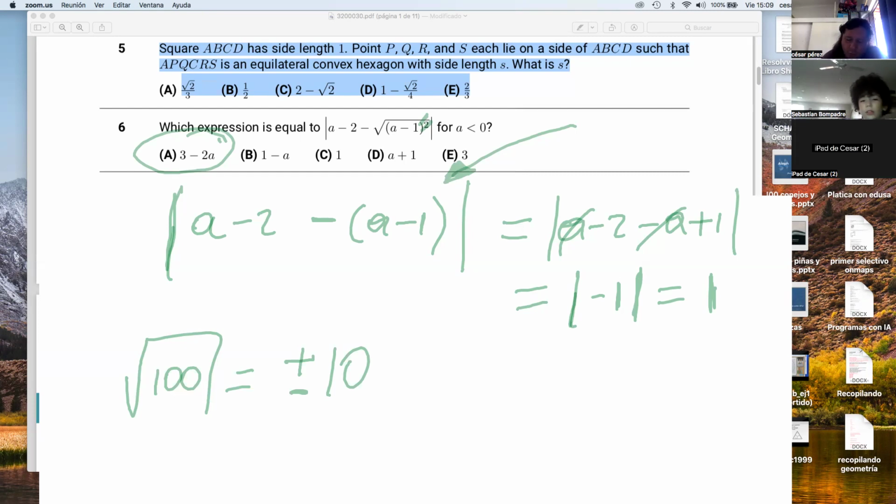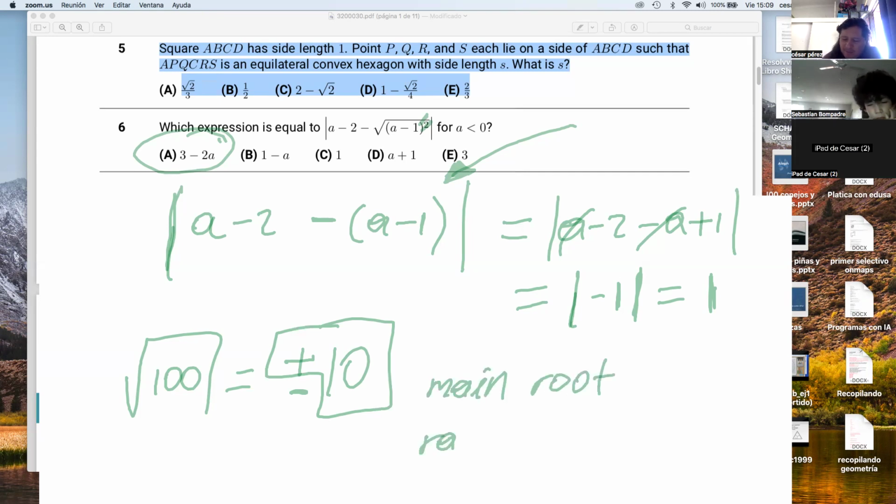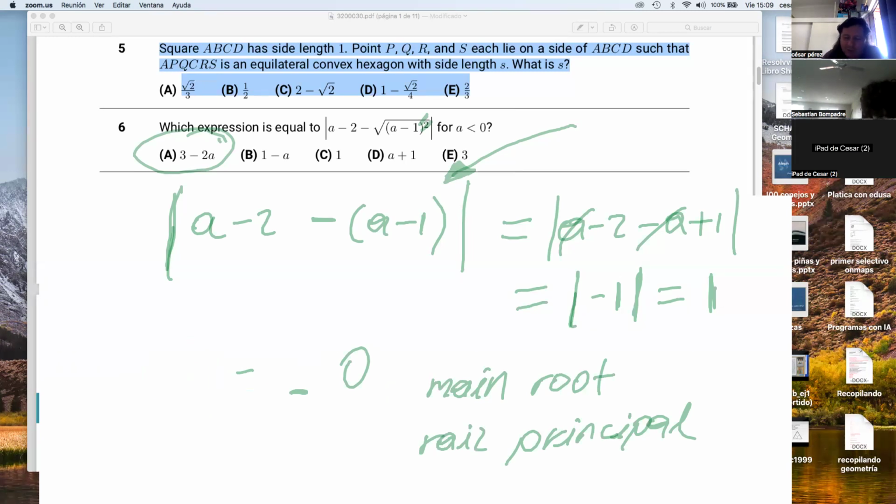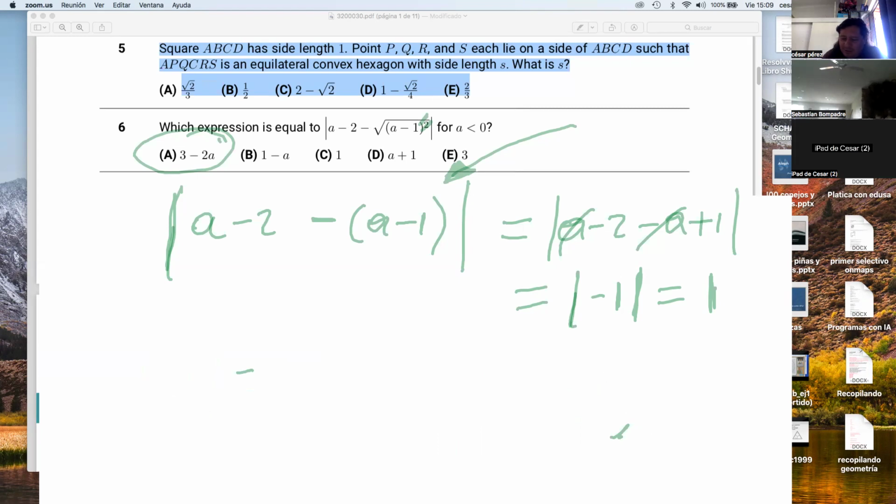Yes, but this is called the main root, la raíz principal. We are going to use the positive value. We're going to use the absolute value when we have something like this.